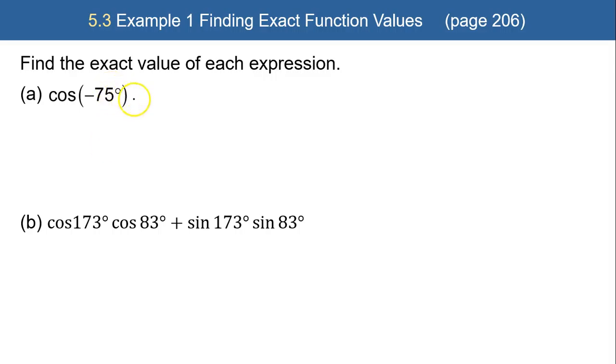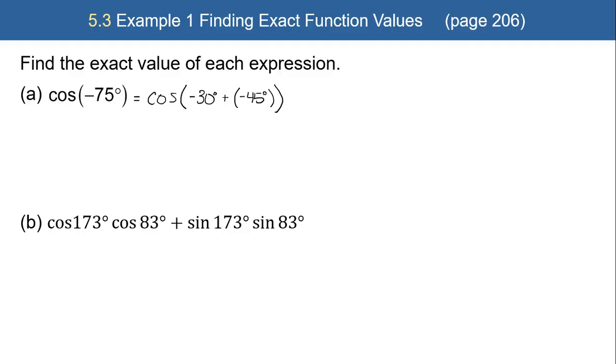So let's look at this one right here. Cosine of negative 75. Well, I'm going to show you it like this. If we split our angle into negative 30 degrees and negative 45 degrees, negative 30 and negative 45 add up to be negative 75 degrees.